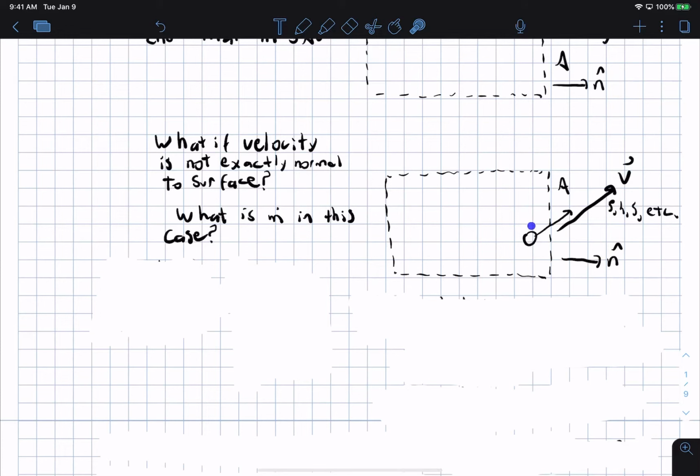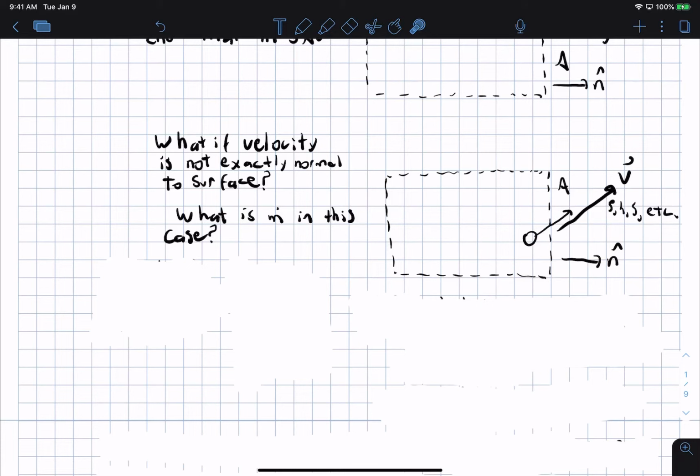So if the particle was going straight up, you would have no mass crossing through the surface, none, because they're going straight up. Now, if it's going over at some angle, then you're going to start to have mass cross that surface.